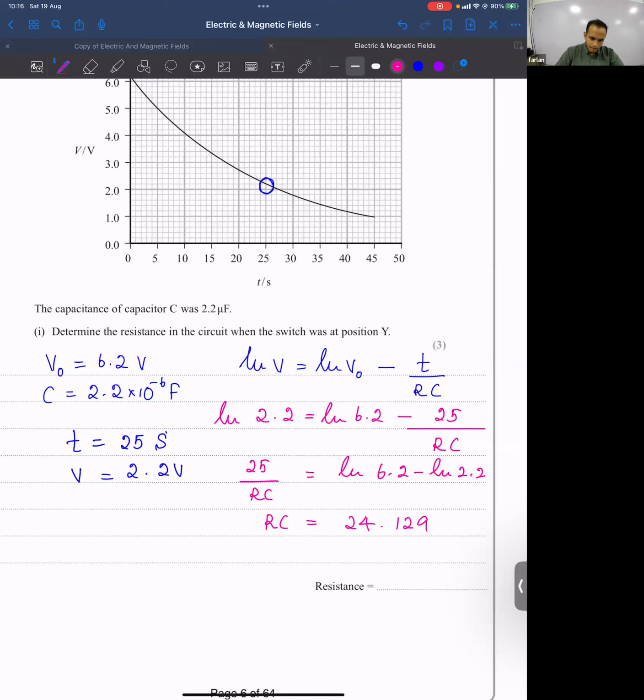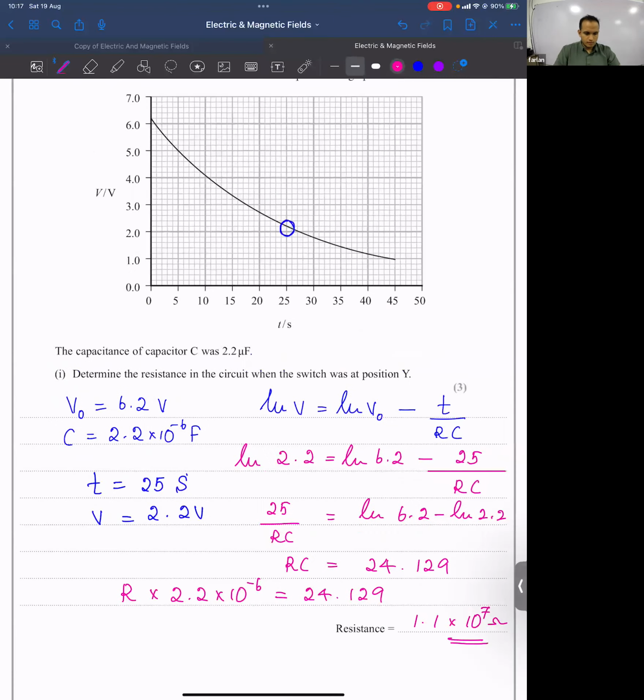Then R times C, with C being 2.2 times 10 to the power minus 6, is equal to 24.129, which gives R equals 24.129 divided by 2.2 times 10 to the power minus 6, which is 1.1 times 10 to the power 7 ohms. Is that okay?